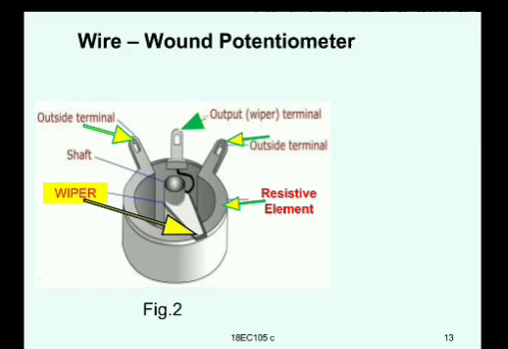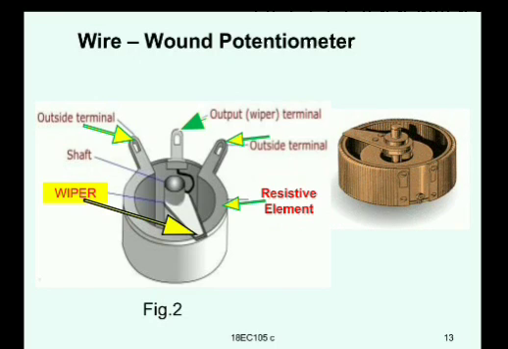Then this is the wiper that is actually attached to the shaft, and it is going to contact with the resistor element on the periphery of that. Now, this figure on the right side is the actual assembled wire wound potentiometer internal view.